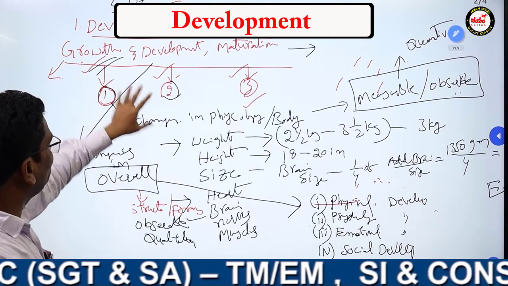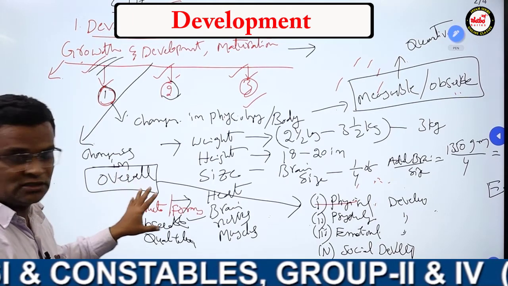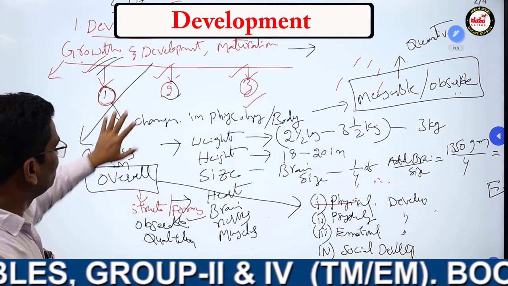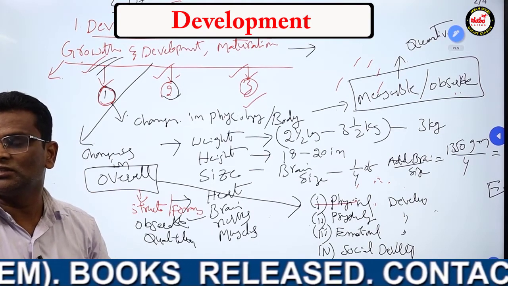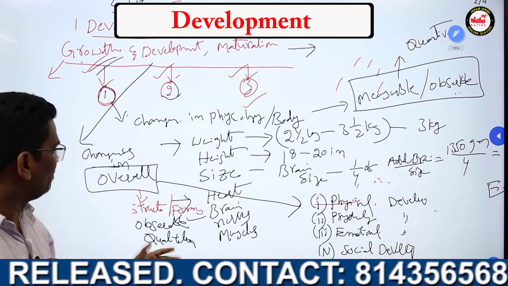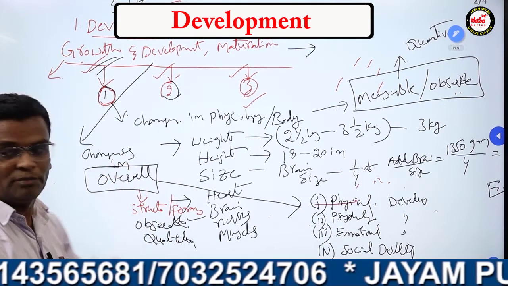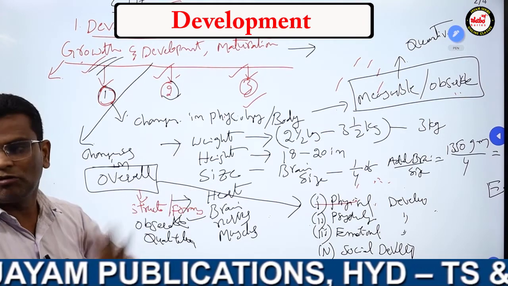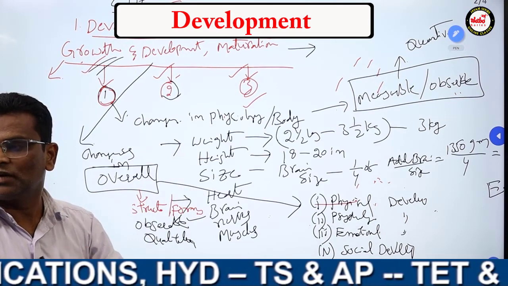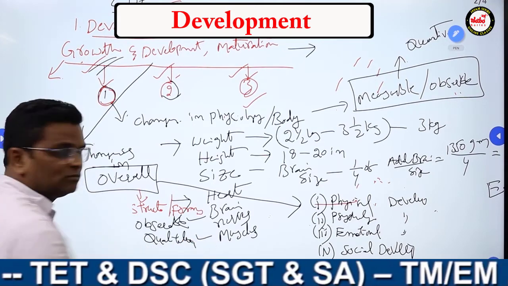Next one is development. It's overall changes. Overall changes is called as development. Means changes in structure or form or shape. All this comes in development. This development is observable. It's not measurable. So it is called as qualitative.